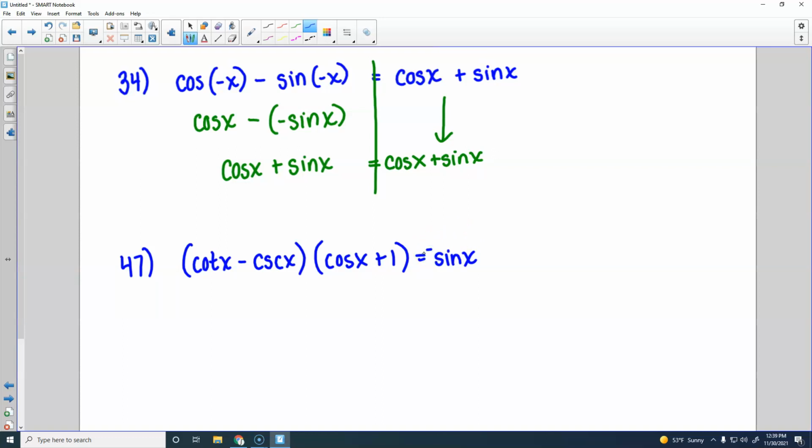All right, so there's a few options on how you can deal with this here. We could change everything to sine and cosine from the very beginning and see what happens. What I would probably do for this is I would go ahead and distribute before you change the sines and cosines. So you would have cotangent x times cosine x.